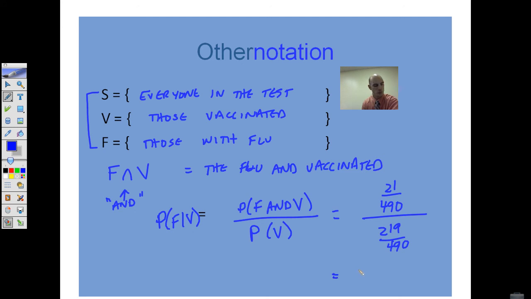And so this fraction really is represented by 21 over 219. So this is the probability that they have the flu and they got vaccinated. That's how conditional probability works. It's taking a subset of a larger group and saying what's the probability within that smaller set.